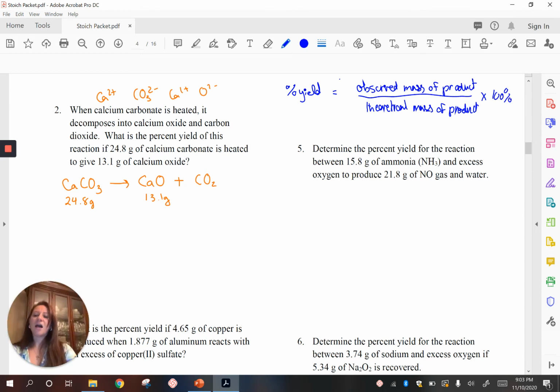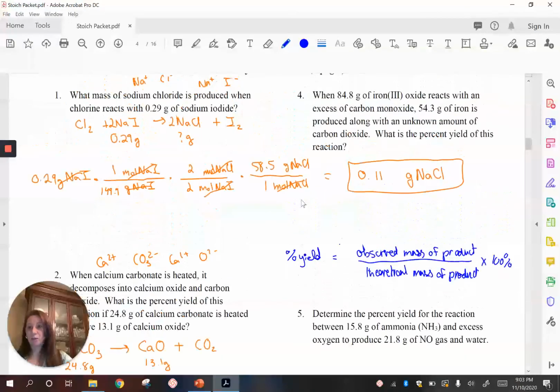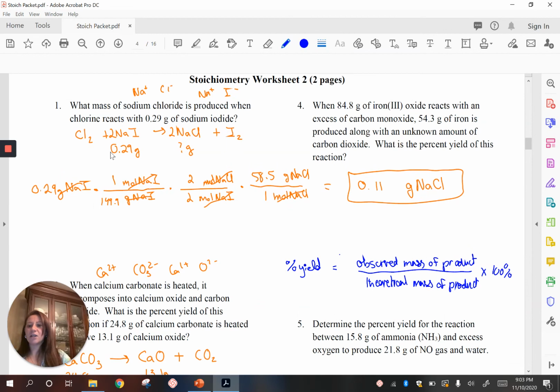Percent yield tells us how well our experiment went. So when I'm doing these calculations like I did in number 2, where I said, oh, well, if I start with 0.29 grams of NaI, I'm going to form 0.11 grams of NaCl. That is theoretical mass.